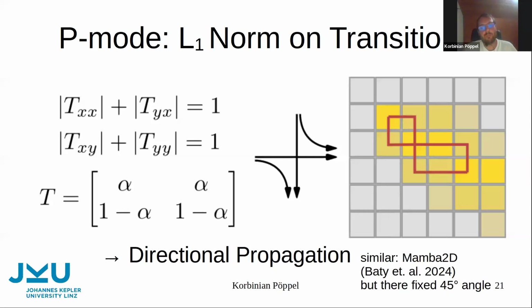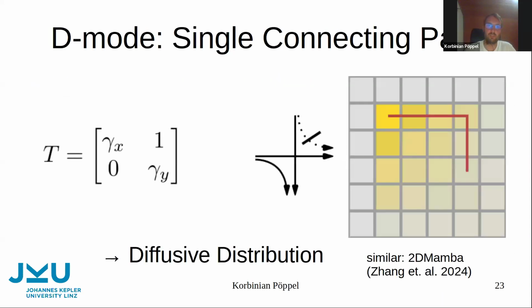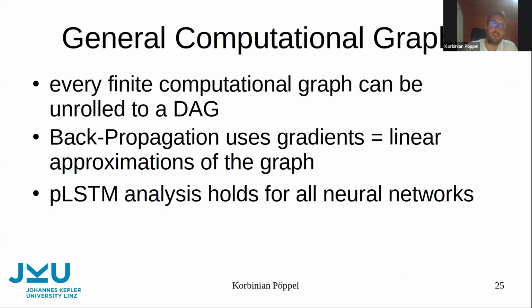Might be, yes. Because if you limit the number of computations, ultimately all computations can be unrolled to a directed acyclic graph, and then at least for backpropagation, this pLSTM analysis holds for anything that is nonlinear in the forward pass.